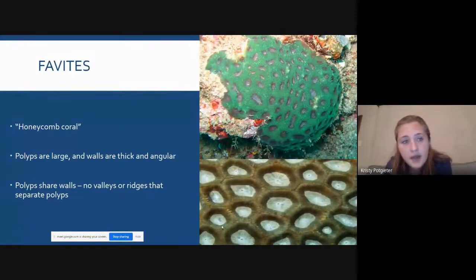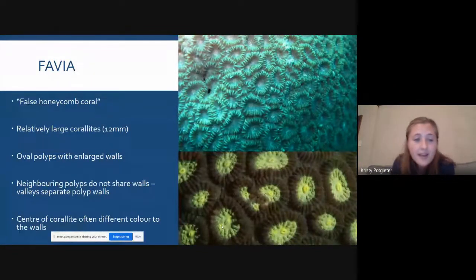Now compare that with our Favia. Favia is our false honeycomb coral. You can see that these look very similar to the Favites, okay? And they are often confused, but I'm going to help you get better at distinguishing between the two in a second. Just having a look at these quickly, they do have more oval-shaped polyps, so it's not quite so angular or structured like the Favites.